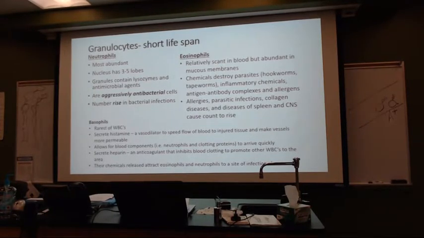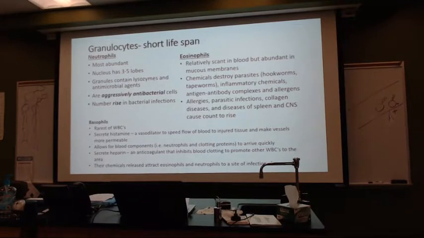The granules are those lysosomes. It is the job of the lysosomes to be antimicrobial, not just antibacterial, against the microbes, the stuff that's going to try to invade the body.